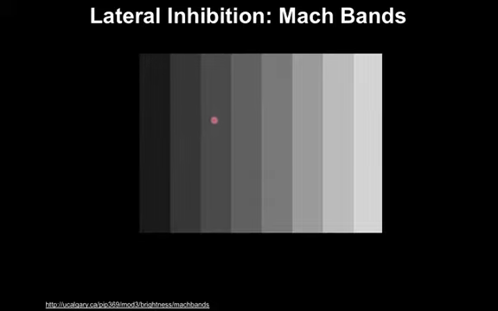If we move to the third band, the same is true. I hope you'll agree we perceive that this side of the band is lighter and this side of the band is darker, and so on and so on. If we move over here, this is lighter, this is darker. I hope you'll agree that that is our perception.